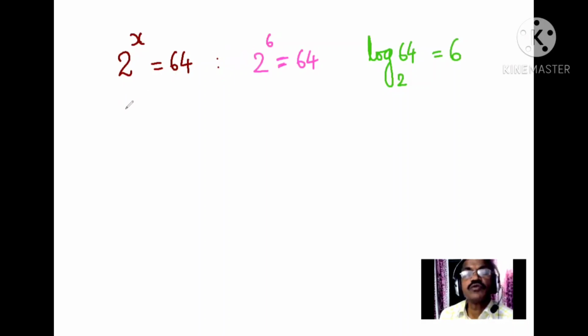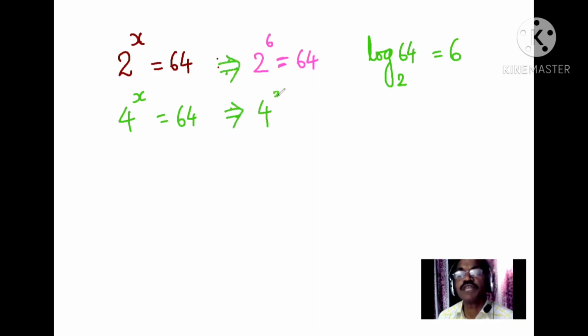Similarly, 4 to the power of something is equal to 64. So 4 to the power of x is equal to 64. Therefore, it can be written as 4 to the power of 3, 4 into 4 into 4. 4 fours are 16, 16 fours are 64.